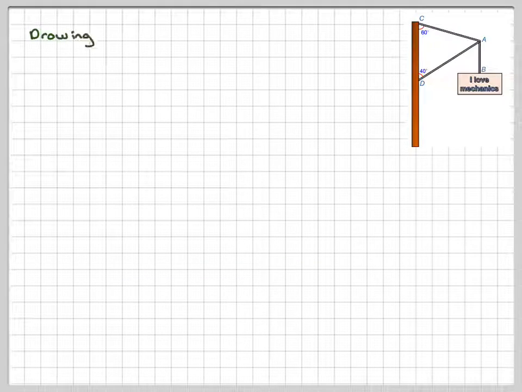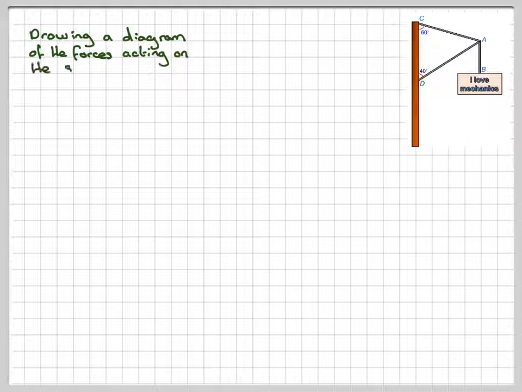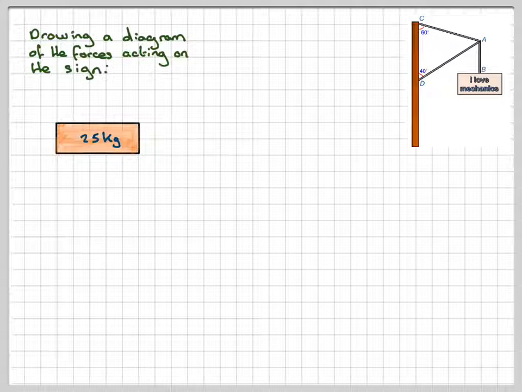Okay, so here is the original diagram. So drawing a diagram of forces acting just on the sign. So we'll draw a sign. It's weighing 25 kilograms, so we've got the weight acting down, 25G, and the tension TAB.